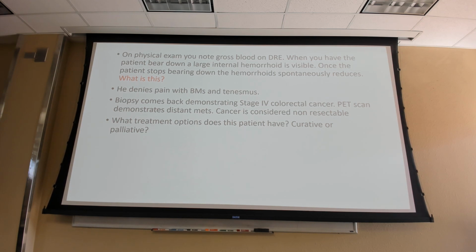All right. What if all he was complaining of was a sharp pain with bowel movements? What does that make you guys think about? Yeah. Good. And then obviously, what treatment options do we have for this patient? So we likely will do some sort of neoadjuvant chemo followed by whether we can cure it and resect it, versus whether it's metastasized and it's just palliative care.